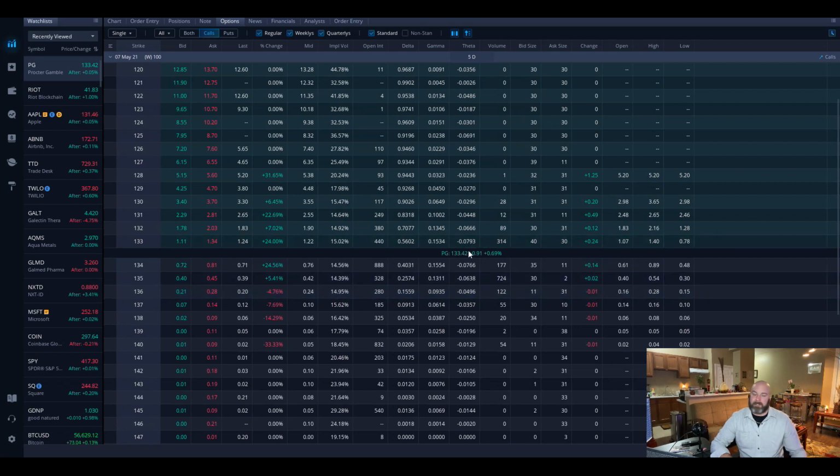And that's important because you want to find a good balance on these. You don't want to buy extreme high implied volatility options, because when the volatility goes away and the stock trades sideways at all, that implied volatility comes down, and your options premium comes down, even if the stock goes up, you can still lose on it.